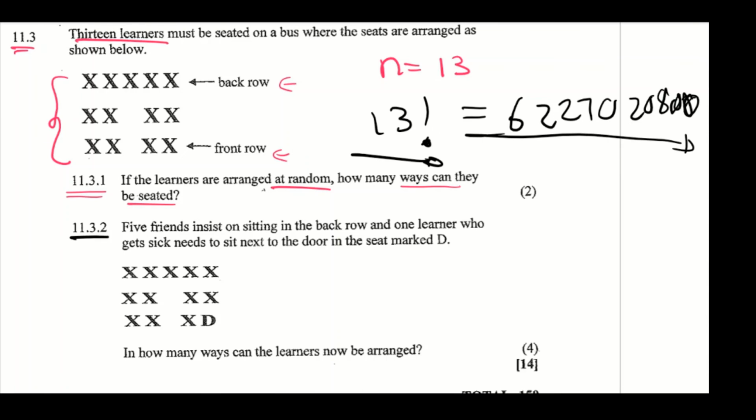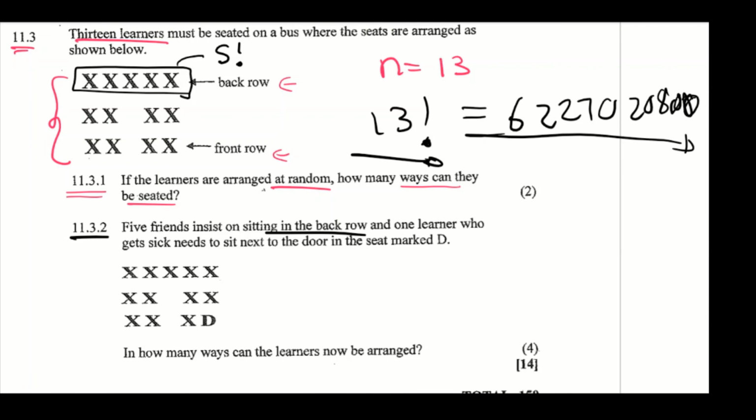11.3.2, if 5 friends insist on sitting in the back row, so these 5 friends want to sit here in the back row, the total of these friends is 5, so let's say it's 5 factorial, because they can sit on any seat as long as they fit as a group of 5.